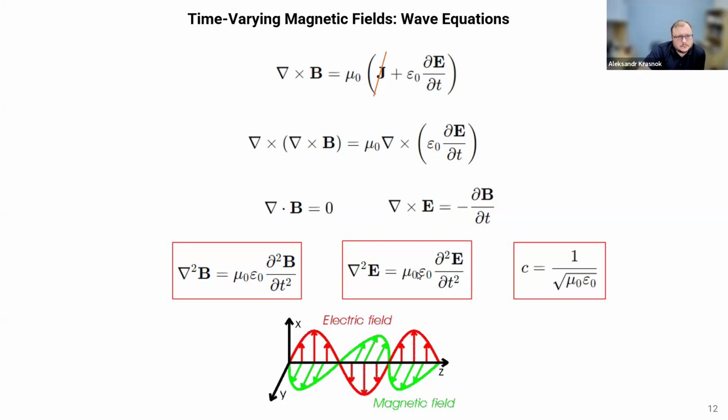Anyway, another consequence of magnetic field time dependence is the creation of electromagnetic waves, and this result again was derived by Maxwell.